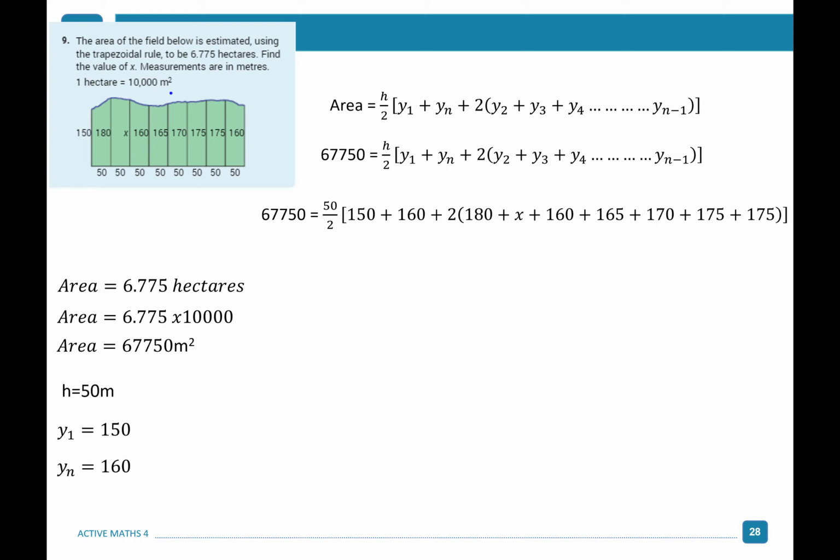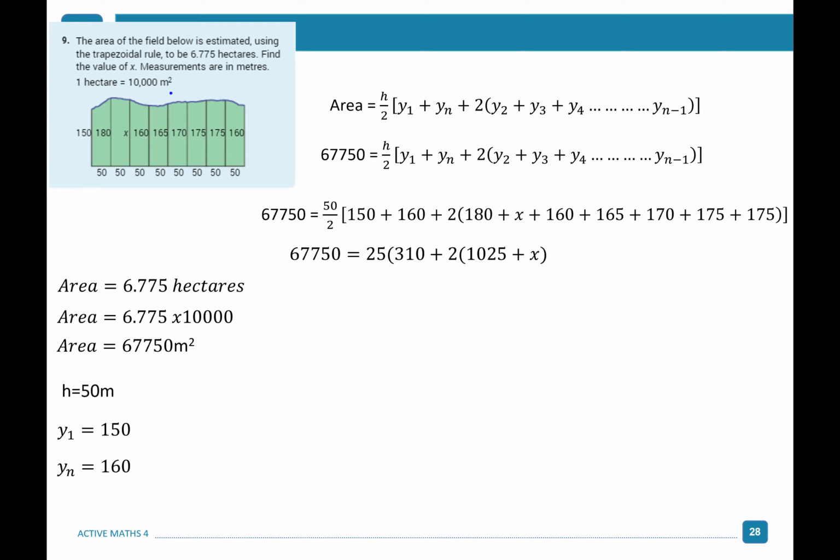Okay, so adding up what's outside our brackets. 50 divided by 2 gives me 25. 150 plus 160 gives us 310. And then adding up what's inside our brackets here, grouping together our like terms, we get 1,025 plus x.